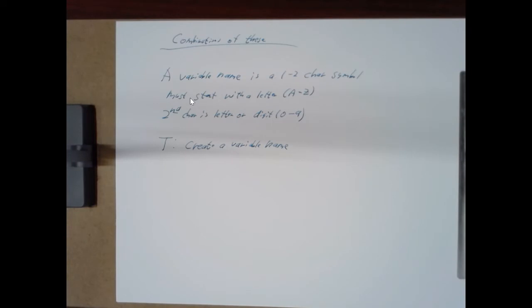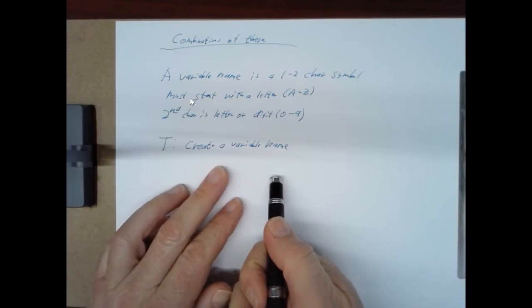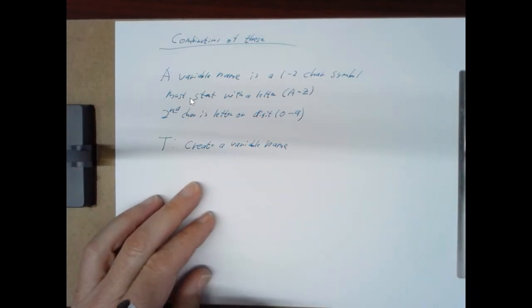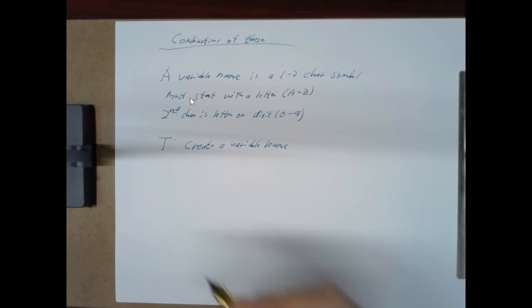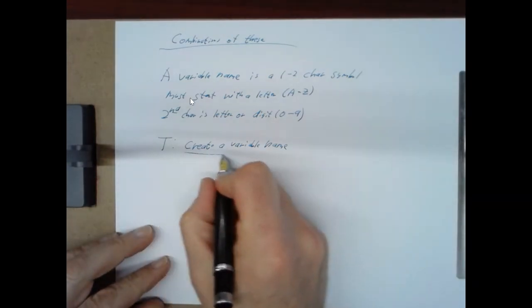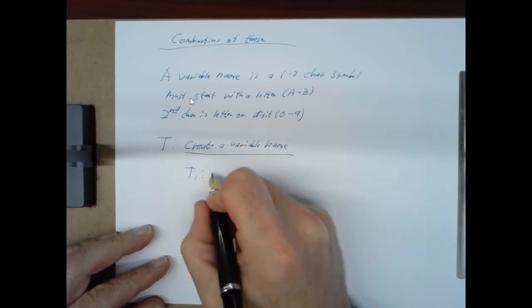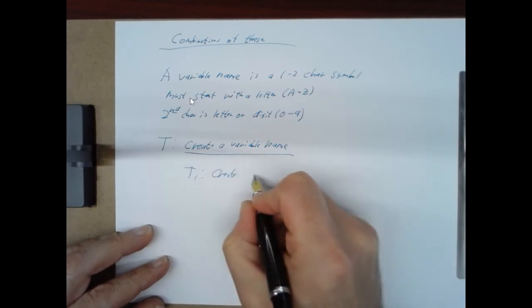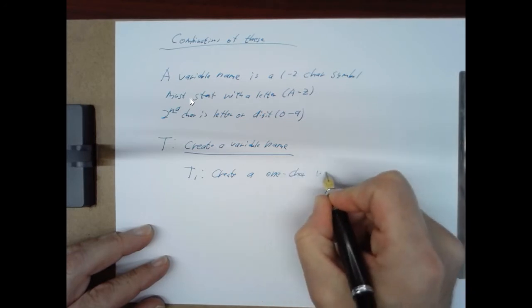How many different variable names are there? So we're answering this question by saying, well, here's our task. Our task is to create a variable, and we simply want to know how many ways we can accomplish that task. That will tell us how many different variables there are. So how many ways can we accomplish this task? Well, we can split this into 2 subtasks. T1 is create a 1 character variable.